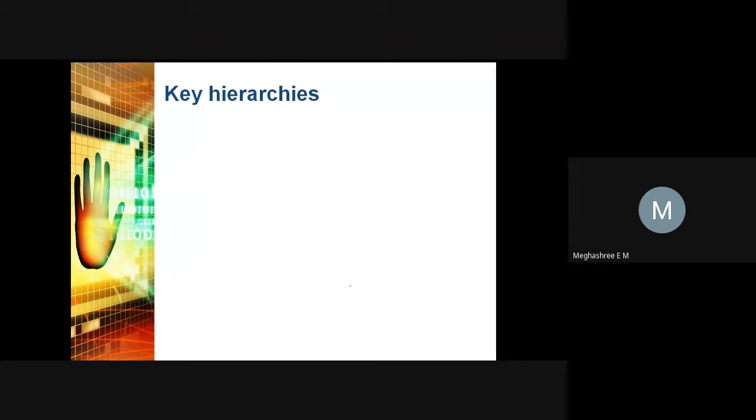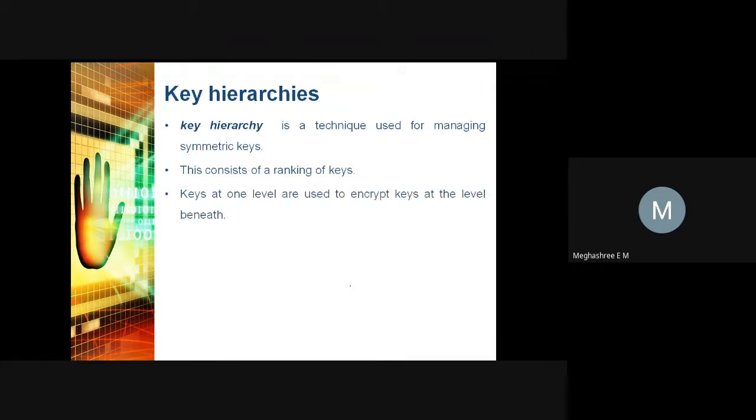Do remember, this key hierarchy method is used for managing symmetric keys. So here, the symmetric key consists of a ranking of keys. That is one property of this key hierarchy method. And keys at one level are used to encrypt keys at the level beneath. We'll see that by considering an example in the next slide.